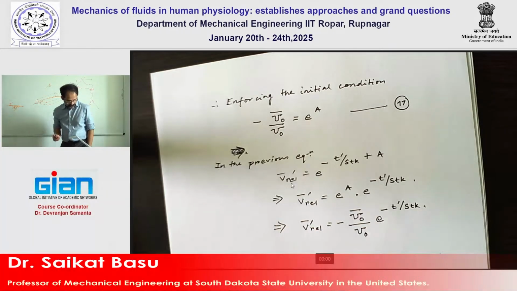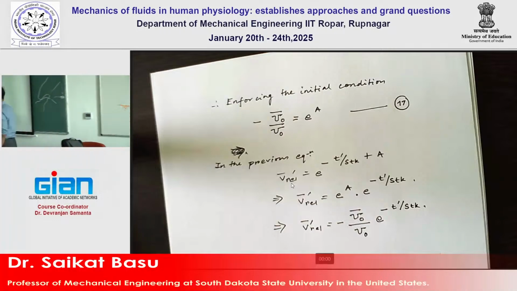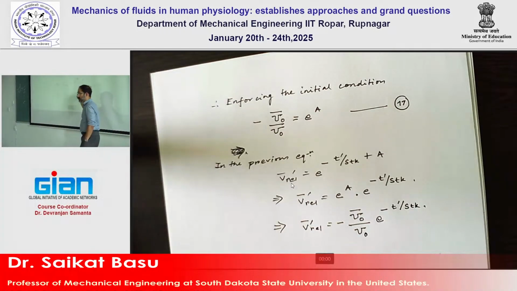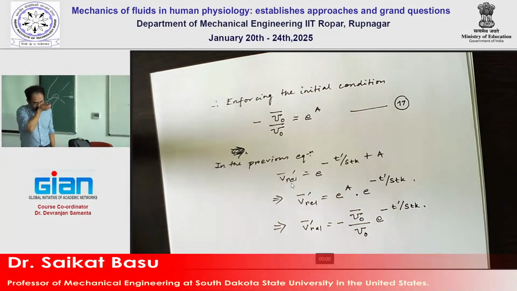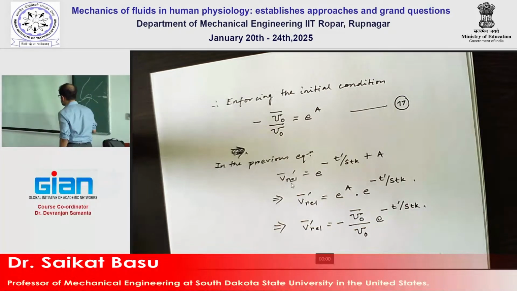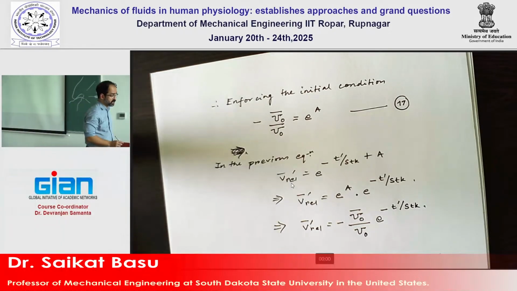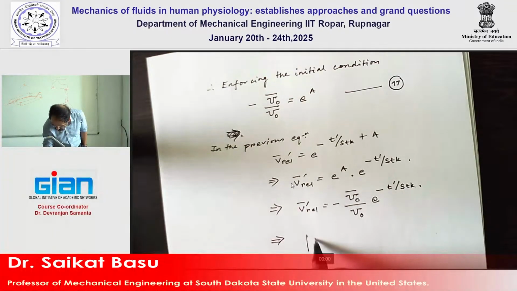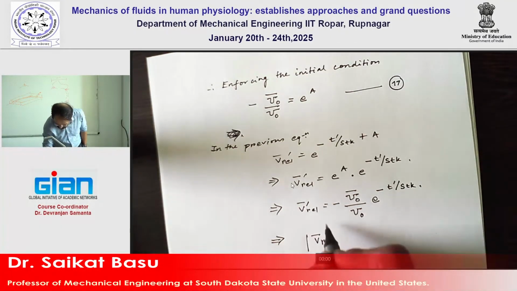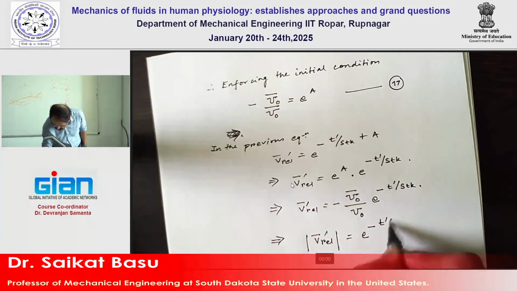Okay, so what do we have here? This is the unit vector of the fluid flow. This is the velocity of the fluid in this case, and this is the magnitude, so that is the unit vector. This is the relative velocity of the particle, v relative prime, in the non-dimensional form, and there is a negative sign. So can we write from here that the magnitude of v relative is e to the power of minus t prime over Stk?